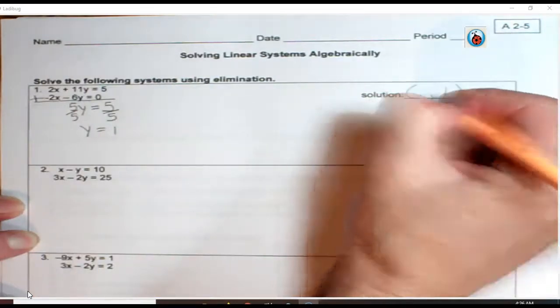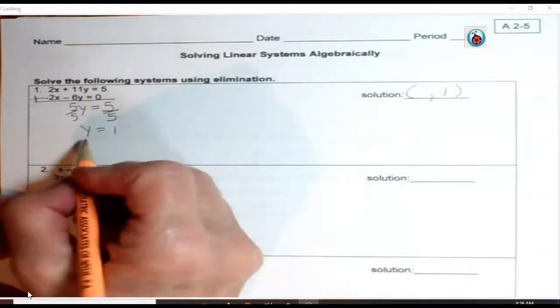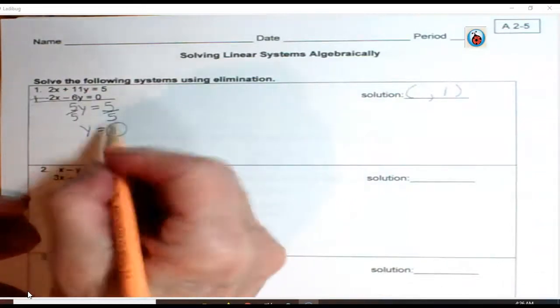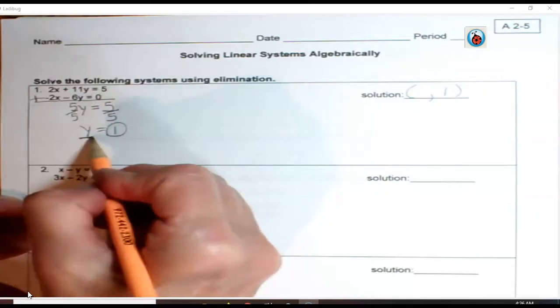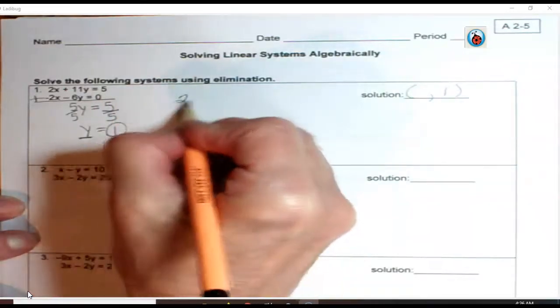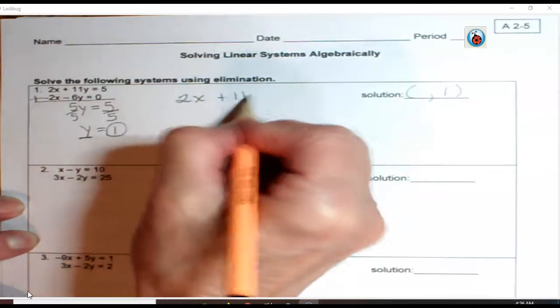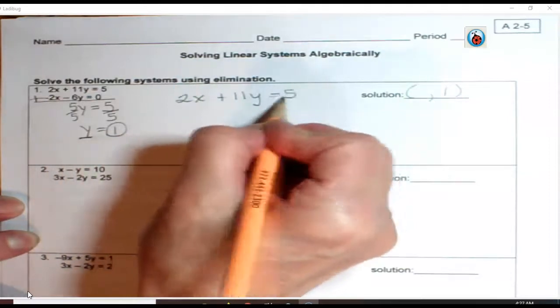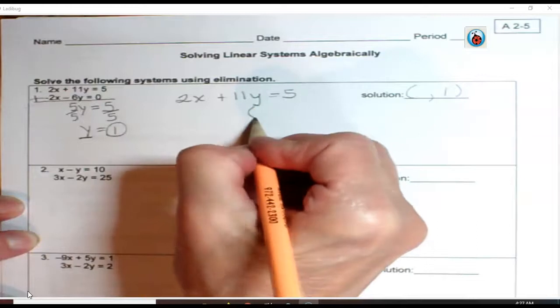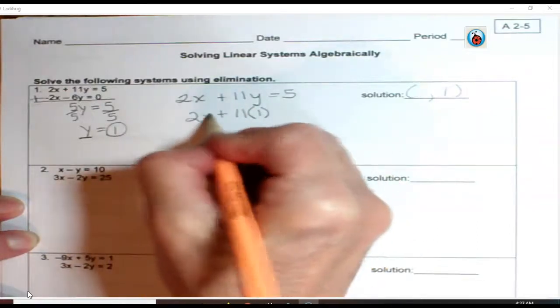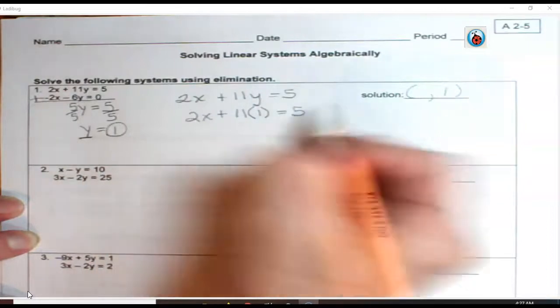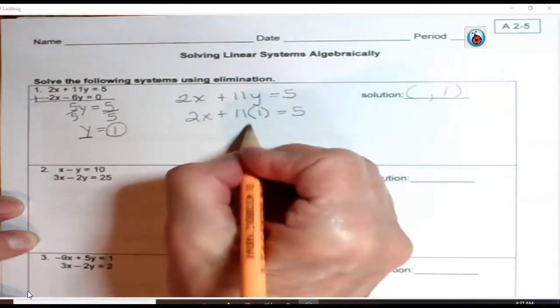That's a 1. All right, now I'm going to take this 1 and I'm going to substitute it back into either equation you can pick for y. So I'm going to take the top equation, 2x plus 11y equals 5. And right here for the y, I'm going to put a 1. Now I only have an x left, and I can solve for that. So 11 times 1 is 11.